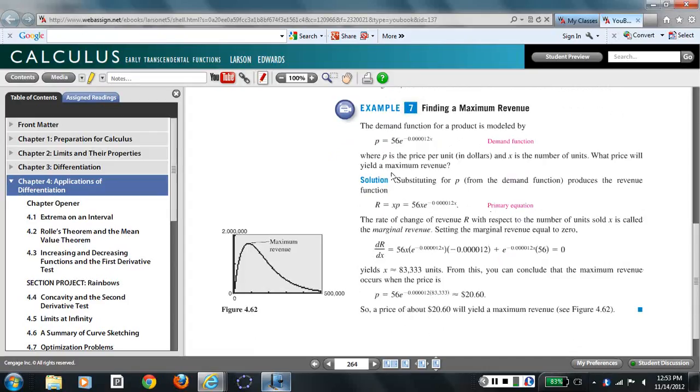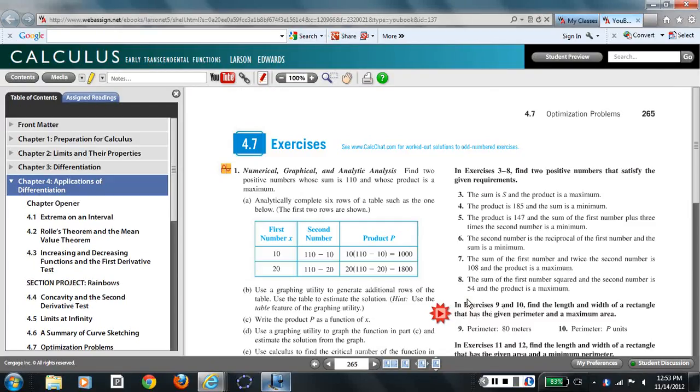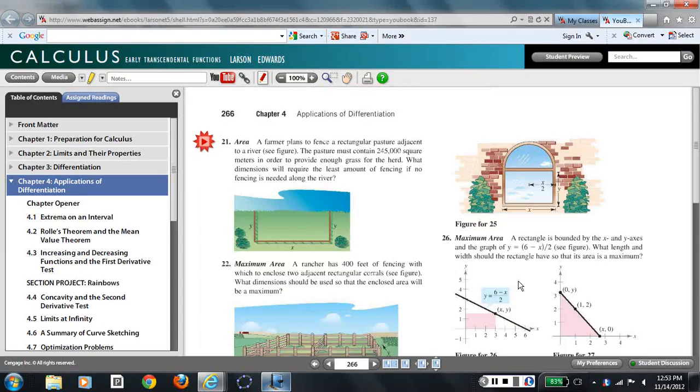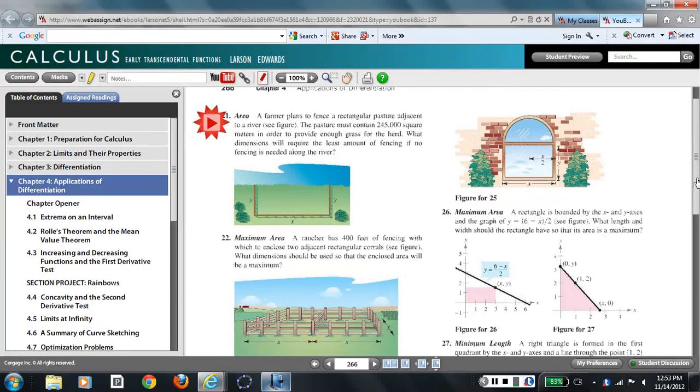Maximum revenue, exponential function. This would be nice, maybe for a business calculus course. Just want to make sure that I'm not leaving out any classic problems here. There's the whole, what if cows can swim problem.